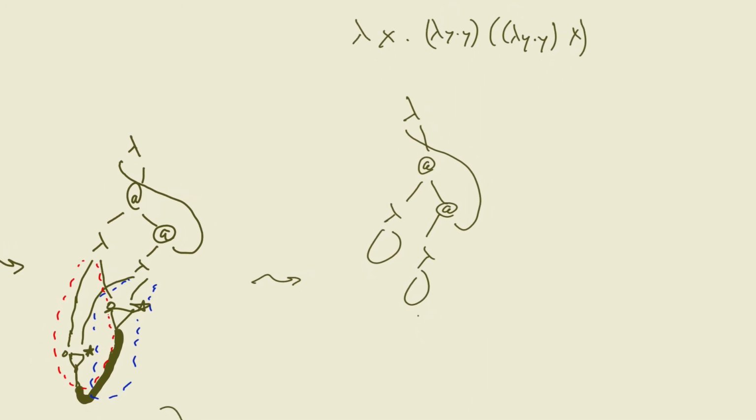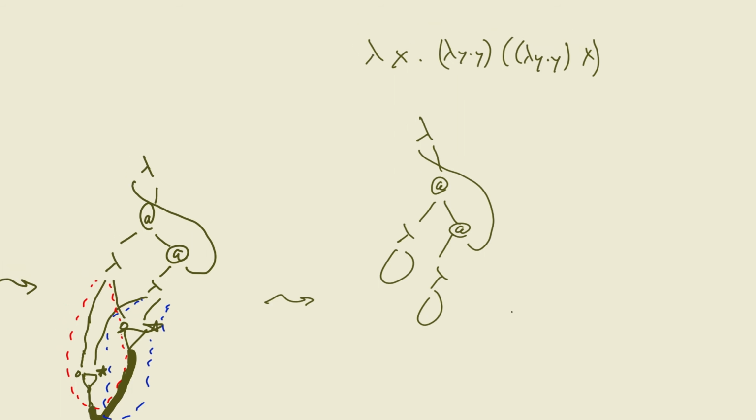And by the way, here we should just notice that this is actually pretty readable. So far, it's just lambda x, lambda y y applied to lambda y y applied to x. When you get these graphs that have sharing, these fan-ins and fan-outs and all this, it can be hard to see what lambda term they represent.